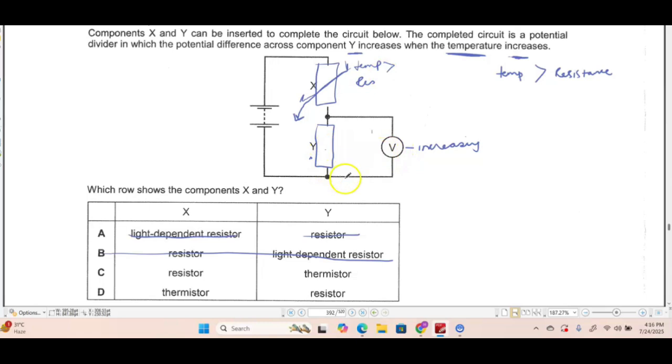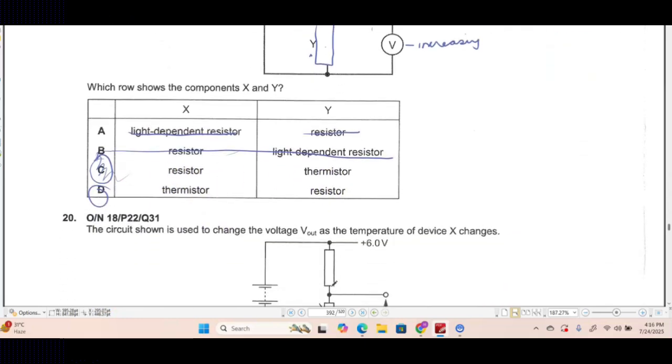So the thermistor should be at X and a simple resistor should be at Y. Sorry, D is our correct option, where thermistor is at X and resistor is at Y.